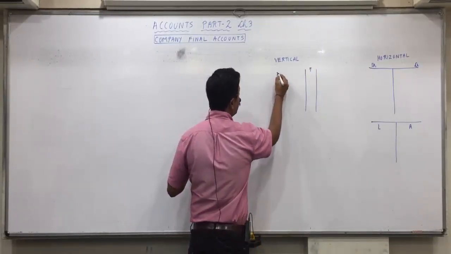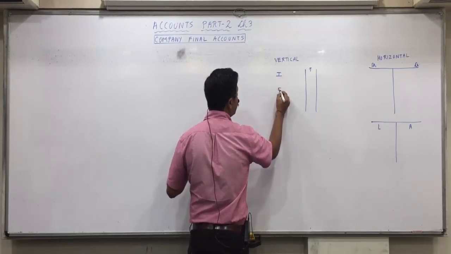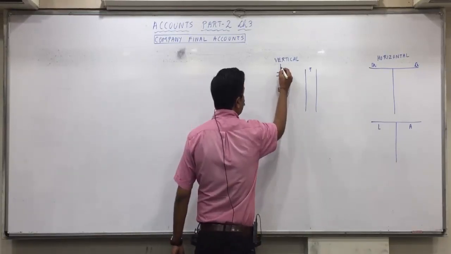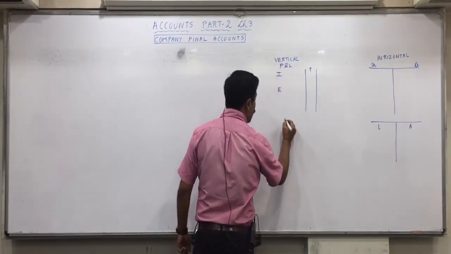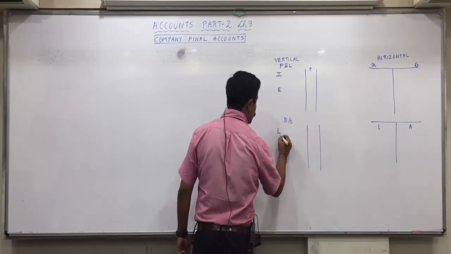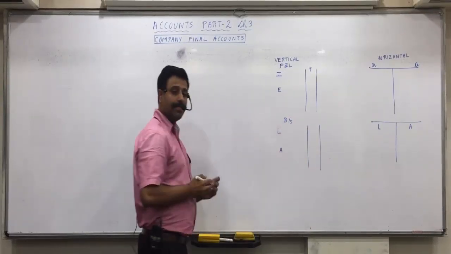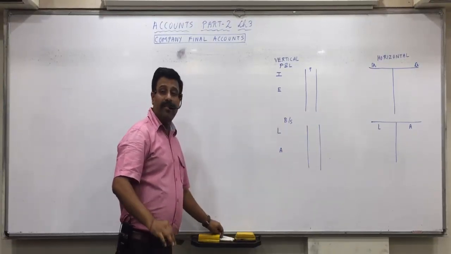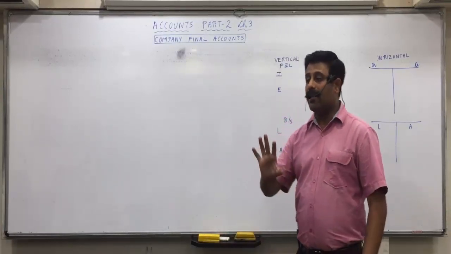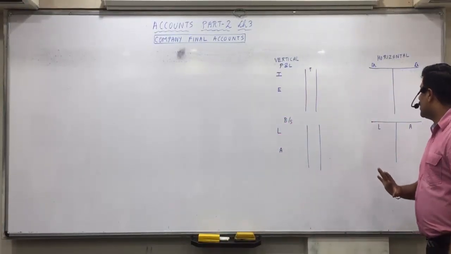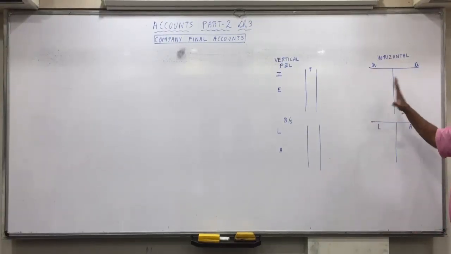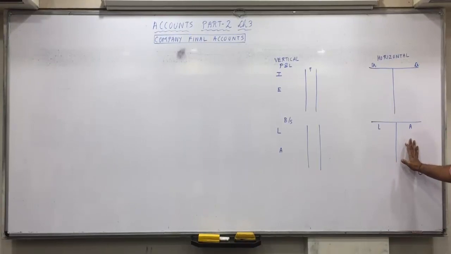In case of P&L account, first we show incomes, below that we show expenses. And in case of balance sheet, vertical format means first we show liabilities, then we show assets. So, the very first thing to be understood is, whatever final accounts we have done in 11th and 12th, we have done in horizontal format, debit and credit, left and right, in balance sheet also.